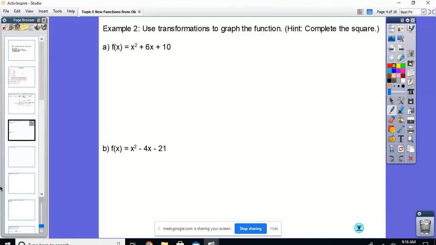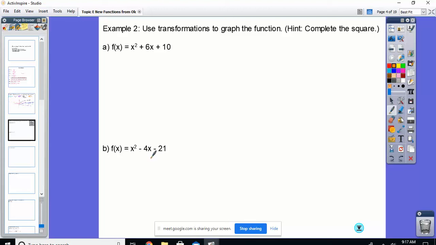I can't just look at this and say it's going to move up 10 because it's not written as an x squared with something added or subtracted on the outside. So on this one we have to complete the square.